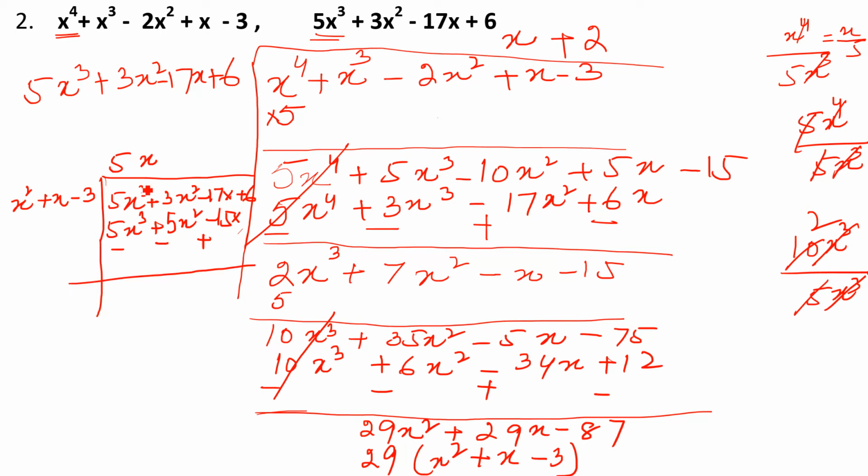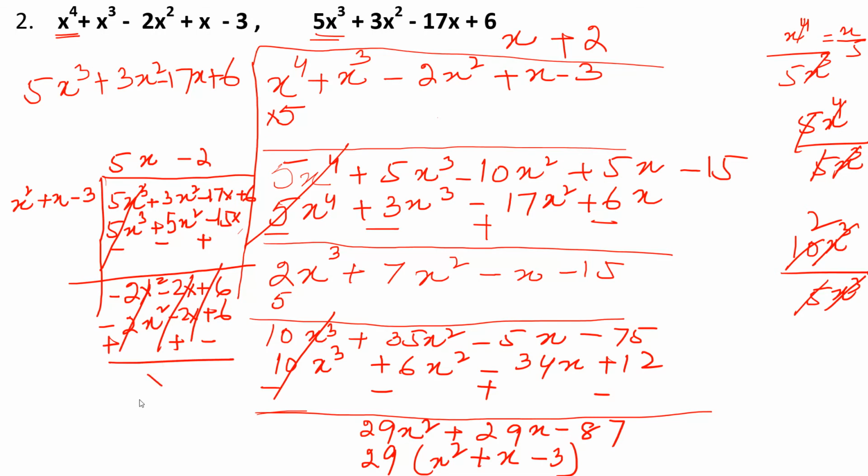What we will get, this will cross out, minus 2x square minus 2x plus 6. So x square is the same. Here we will get minus 2. So now we will get x square minus 2x plus 6. Change the sign. It will cancel out.